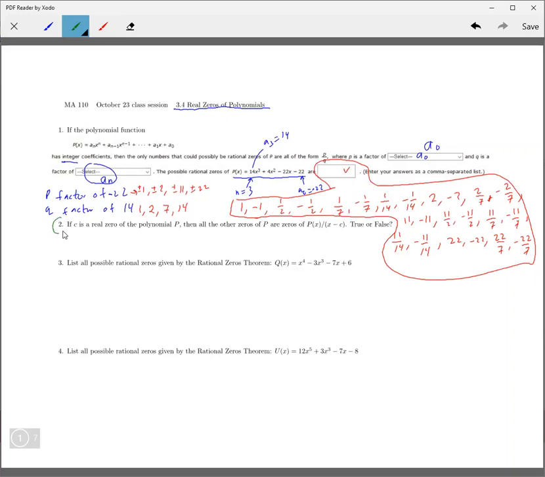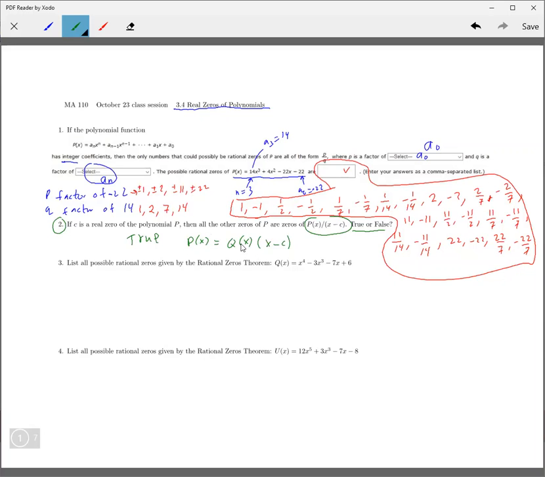Number 2, true or false? If c is a zero of a polynomial P, then all other zeros are of this form. This is true. What that means is, let's say that P of x factors into Q of x times x minus c.